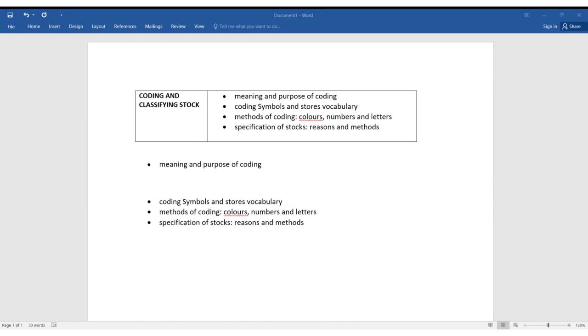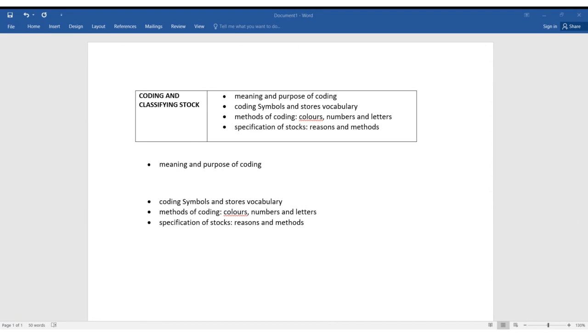Coding refers to identifying materials by simple descriptions. You describe materials in terms of specific codes that have been put in place. And these codes are essentially symbols that we can use to identify items.